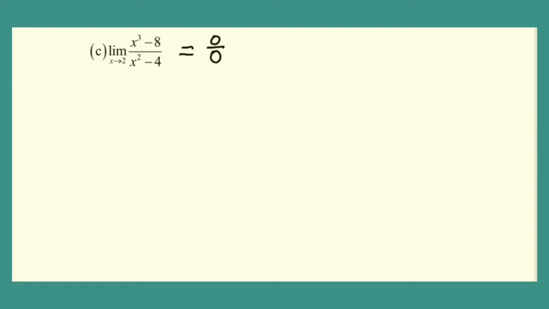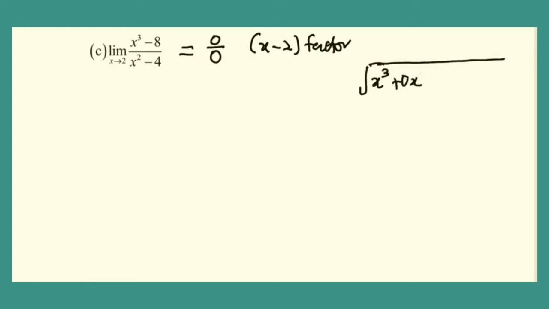And 2 is the zero. So x minus 2 is a factor for the function. Use long division to get other factors. Here is x cubed plus 0x squared plus 0x minus 8 divided by x minus 2.